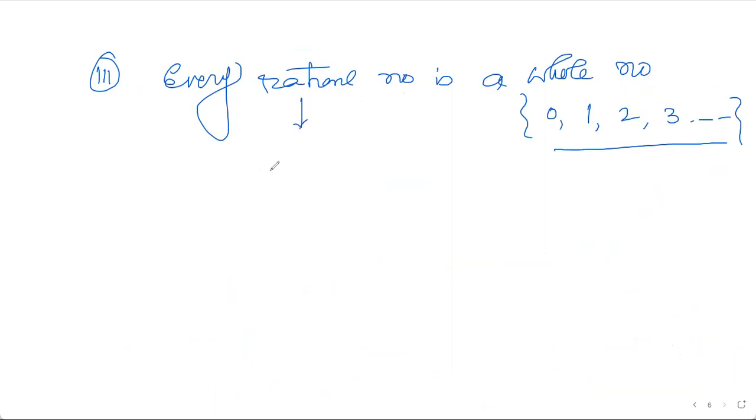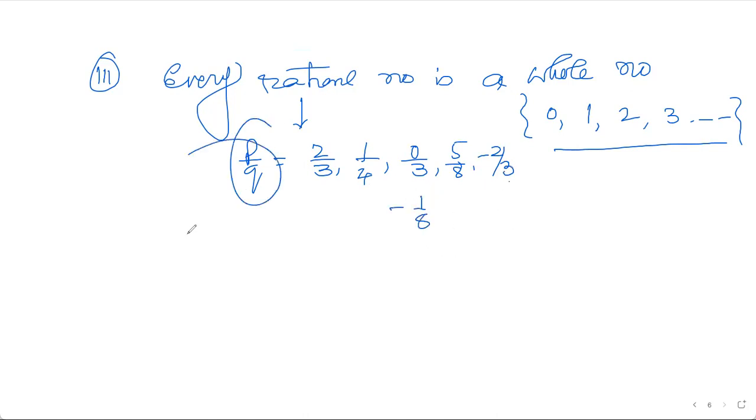Rational numbers are of the form p by q, and those are fractions. They are bound to be fractions. It can be 2 by 3, it can be 1 by 4, it can be 0 by 3, 0 by 3 is 0 only. It can be 5 by 8, it can be negative 2 by 3, it can be negative 1 by 8, like that. So you're finding the things to be fractional.